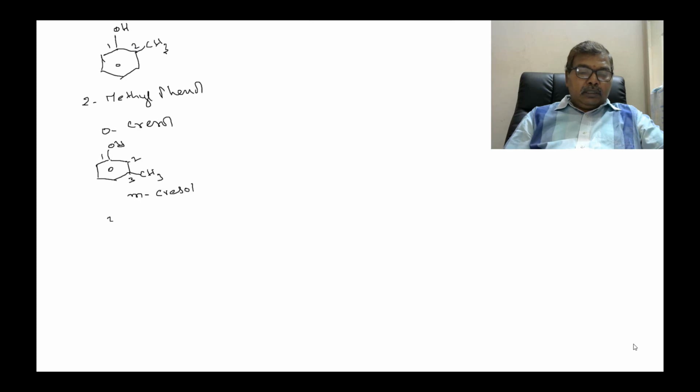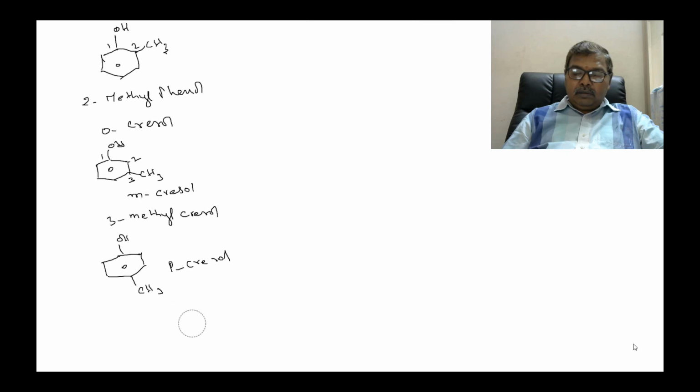Therefore, it is 3-methylphenol. This is actually paracresol. So this is 4-methylphenol. See here, it is phenol. Okay, right.